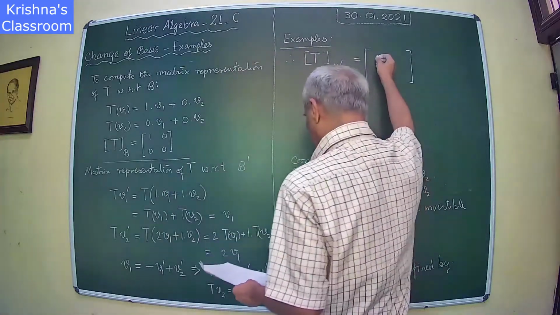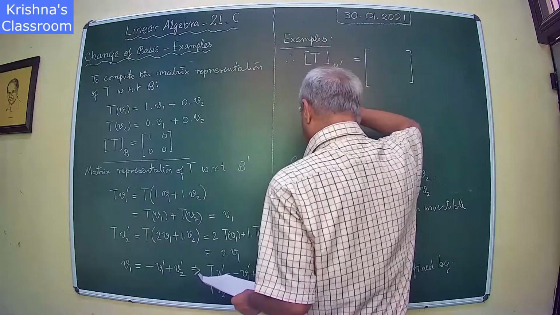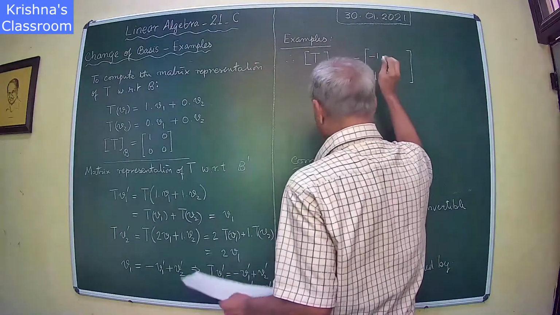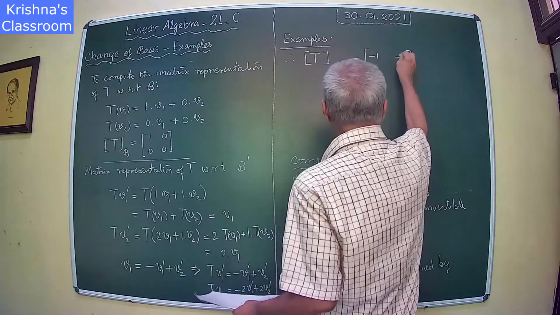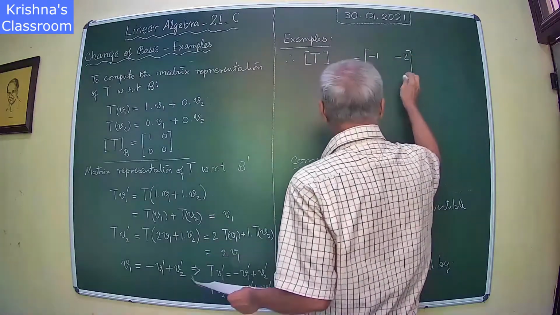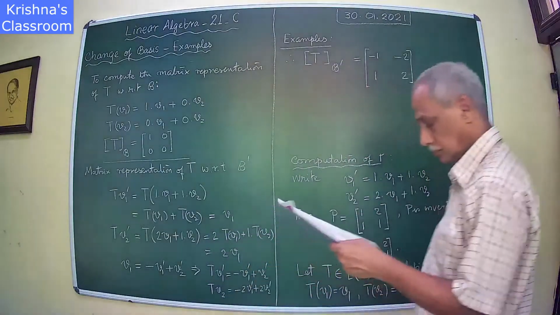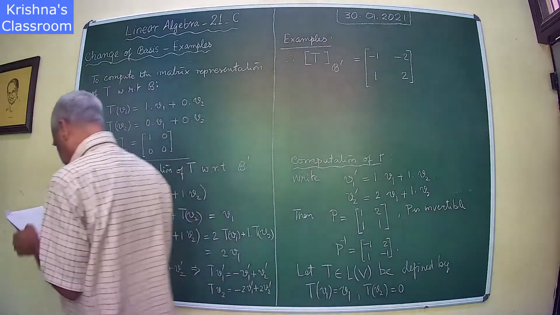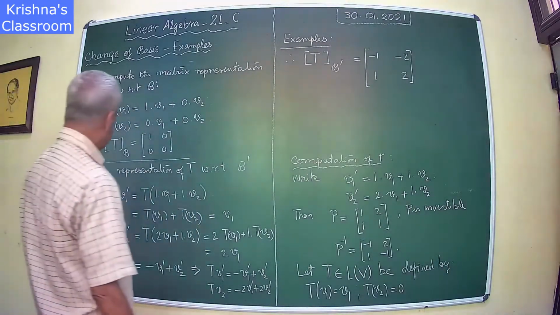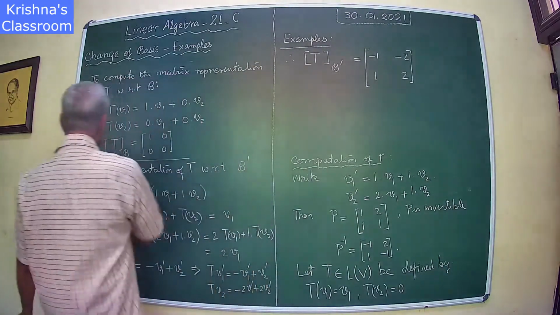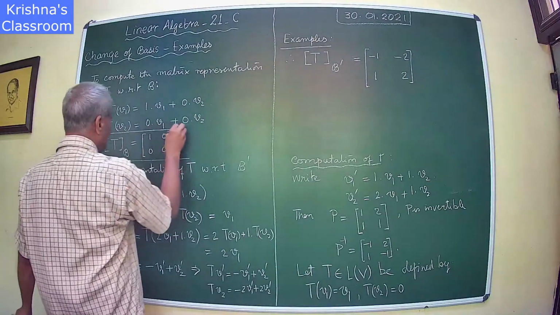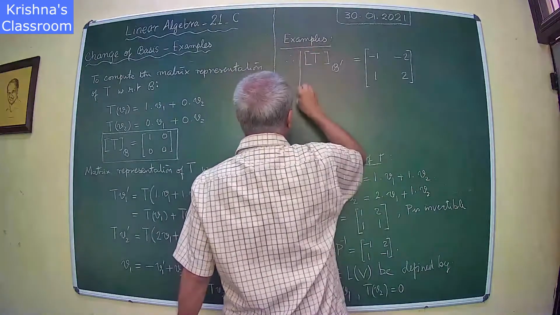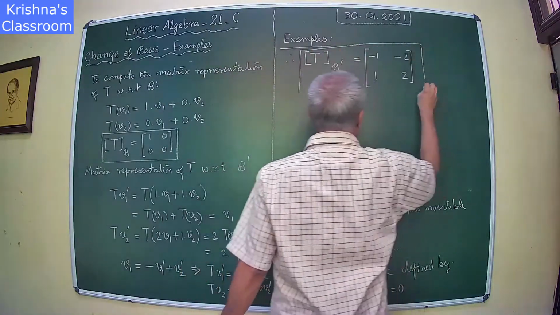So that will be the first column: minus 1, 1 and minus 2. This is the representation. So we obtained both T_B and T_B prime.